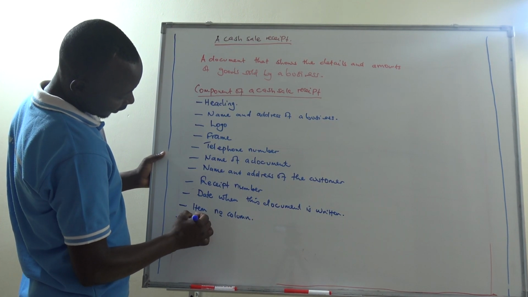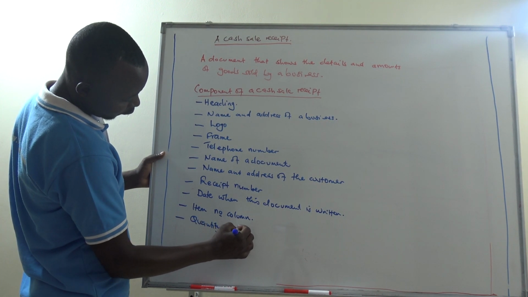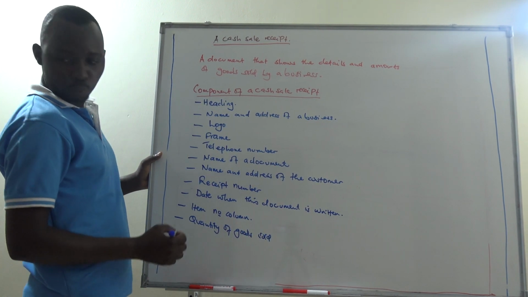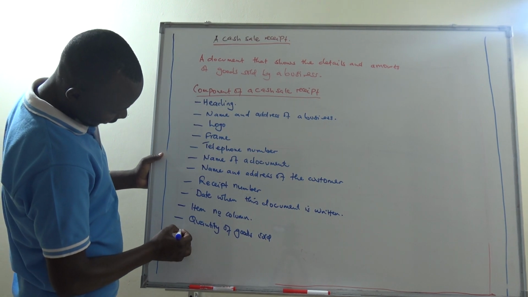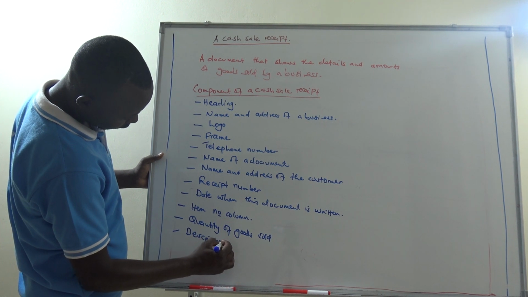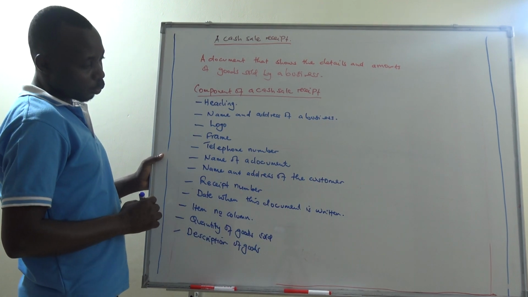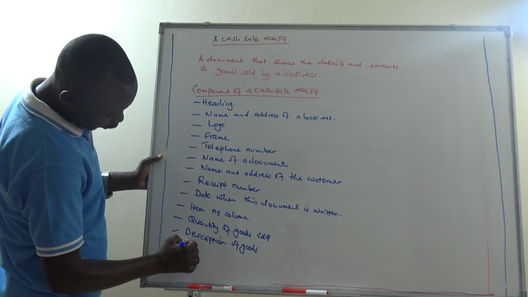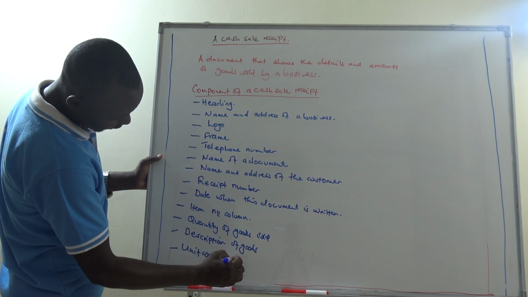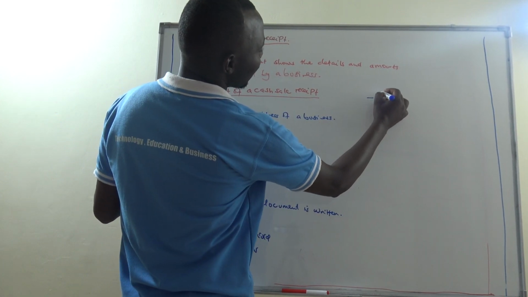We need the quantity of goods sold. We need the description of goods. We need the unit cost of goods. Others call it the rate. We need the total amount.